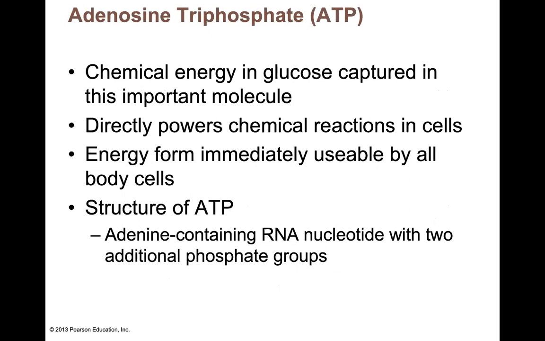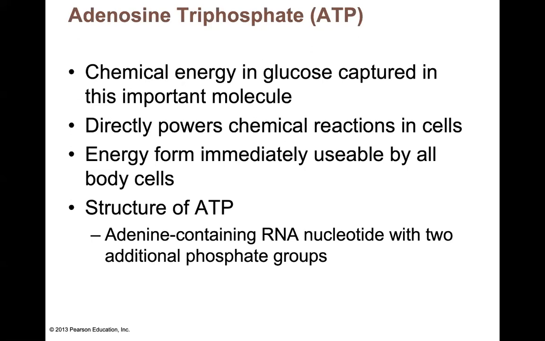ATP, which is the major energy molecule that we associate with in cells, is also a nucleotide. Chemical energy in glucose is captured in this important molecule. It directly powers chemical reactions in cells. It is the energy form immediately usable by all body cells.